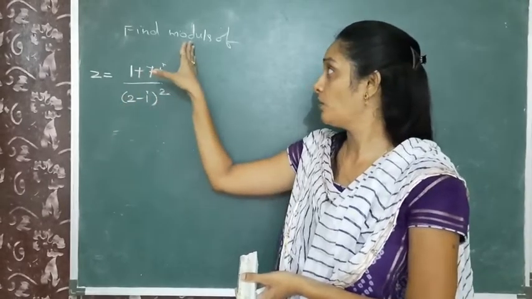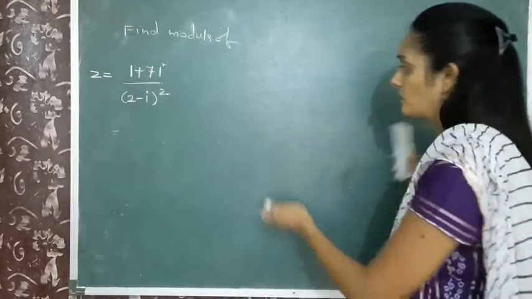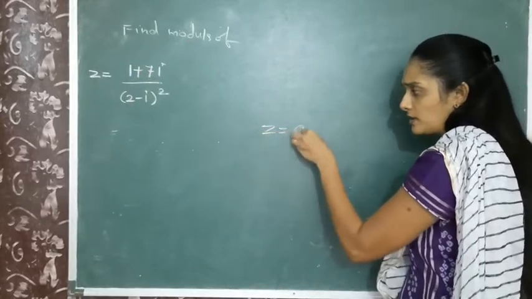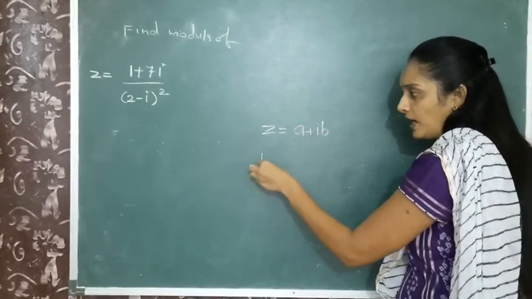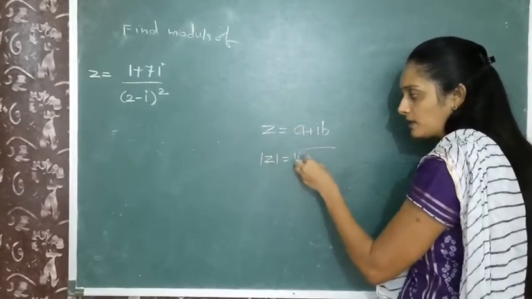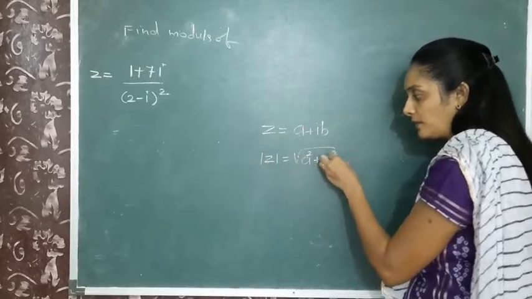To find the modulus, as you know, the formula for modulus is: z is equal to a plus ib, then modulus of z is equal to root a square plus b square.